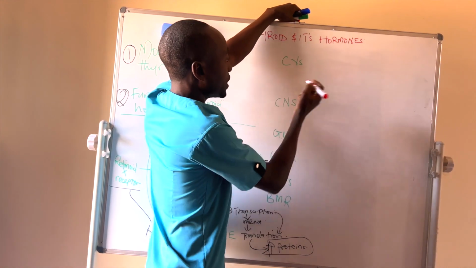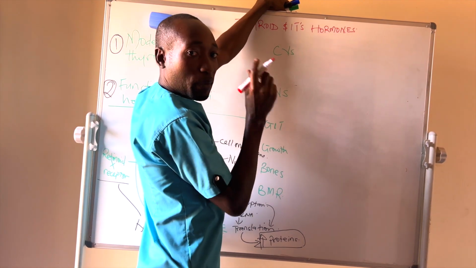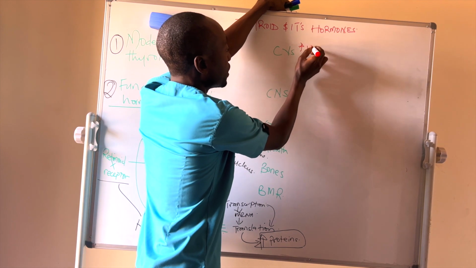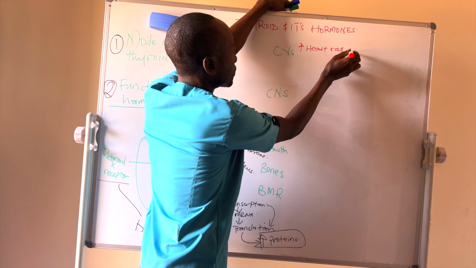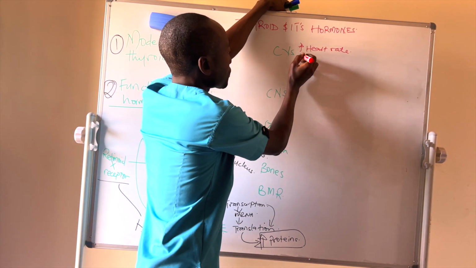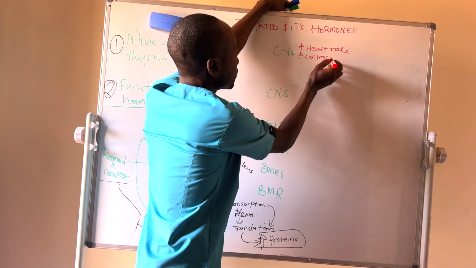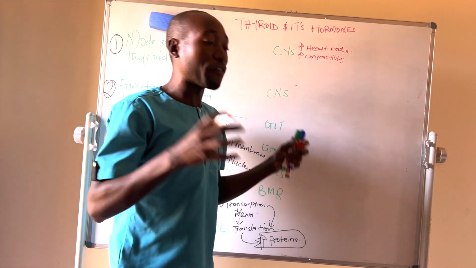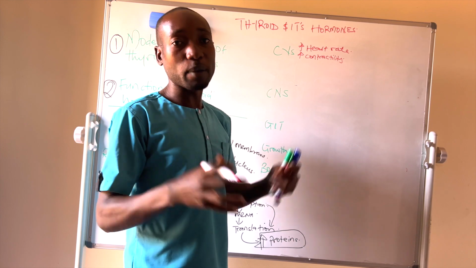Let's start with the cardiovascular system. Now, when these hormones come to the cardiovascular system, and specifically to the heart, one, they increase the heart rate. Two, they increase contractility. Contractility basically means the force or the power with which the heart pumps blood.